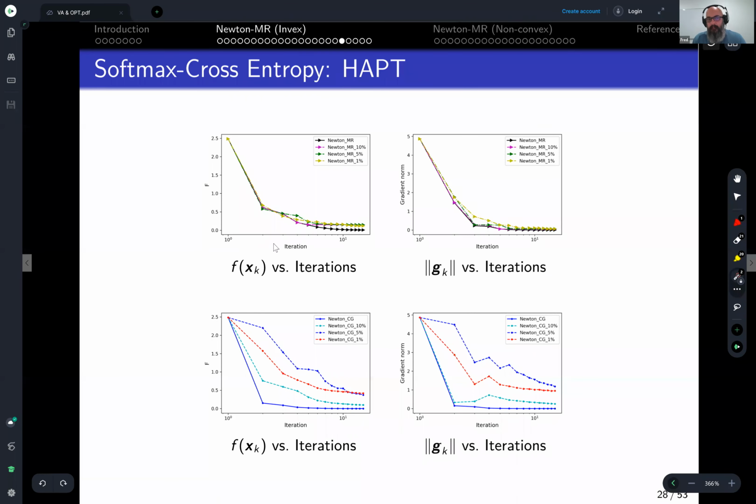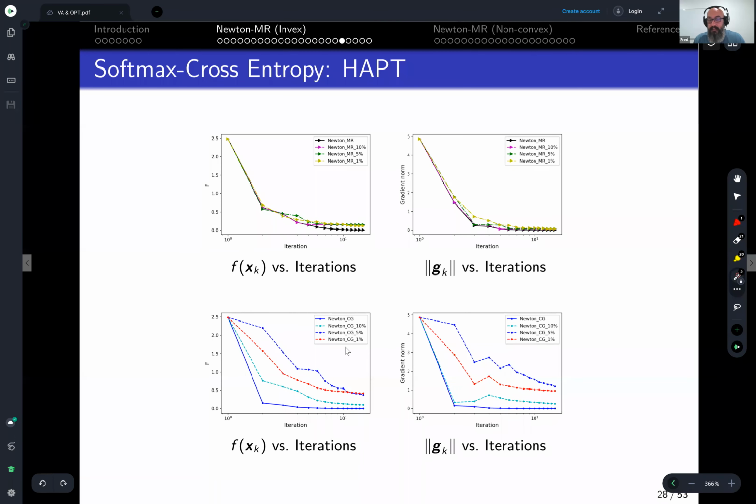As you can see, the difference between the exact Newton-MR and its variants using an approximate Hessian is really not much. It implies a certain degree of stability when it comes to approximate Hessians. MINRES adds a certain degree of stability, so you can really work with crude approximations of the Hessian, which is good news because that speeds up the algorithm quite a bit.